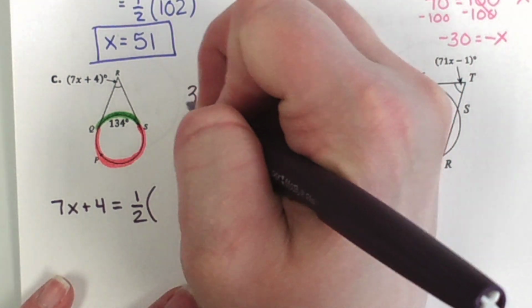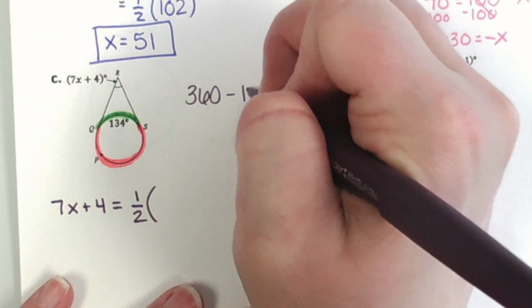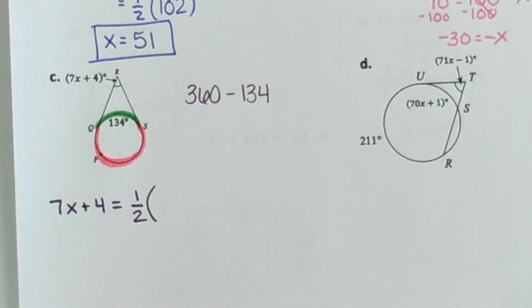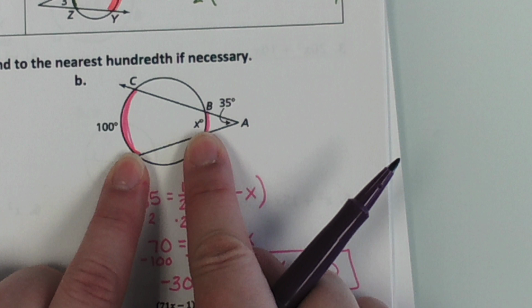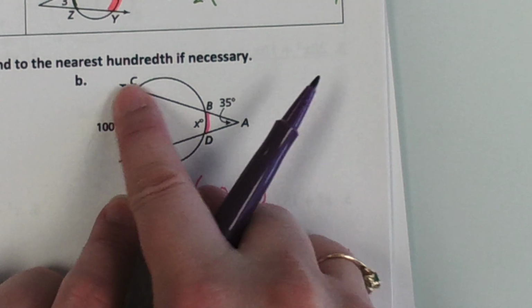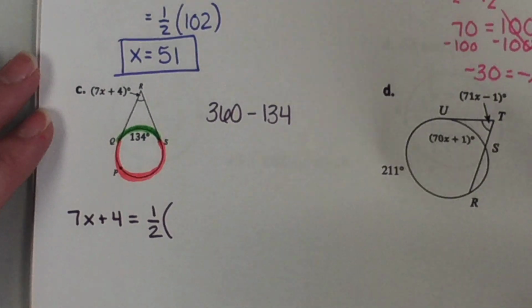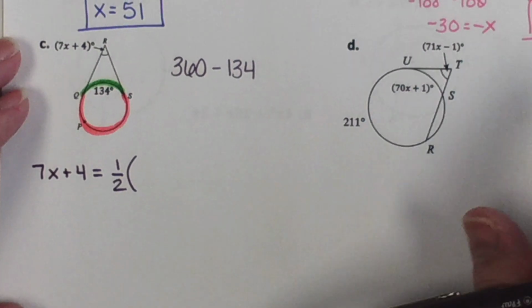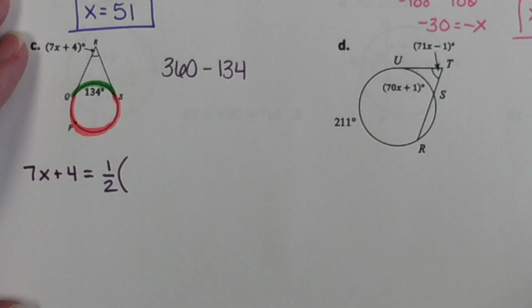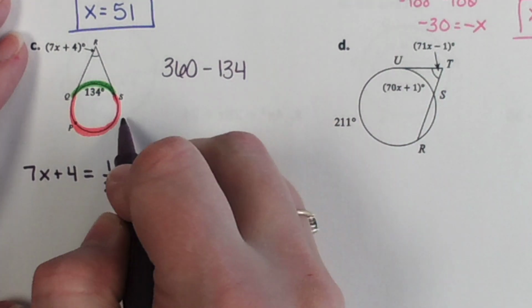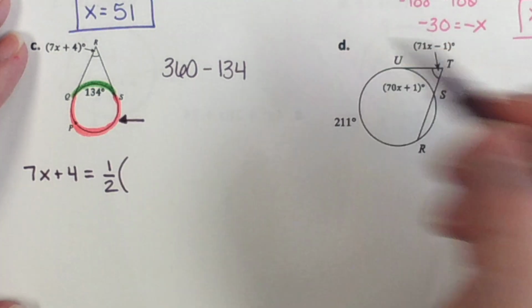They add up to 360. If they don't make a full circle together, they do not add up to 360. These two, the x and the 100, do not add up to 360, because there's these parts out here. But if the two arcs make the full circle together, they do add up to 360. So 360 minus the 134 will give me this missing arc. 226.